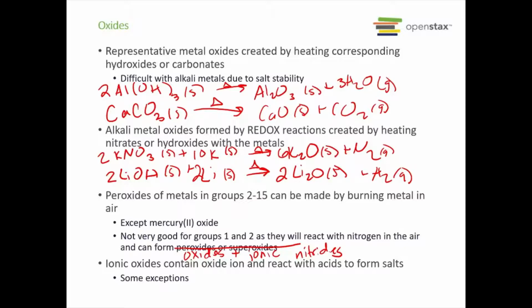Ionic oxides themselves have an oxide ion and they react with acids to form salts. There are some exceptions. You can see those exceptions in your book, but I'm not that worried about it.